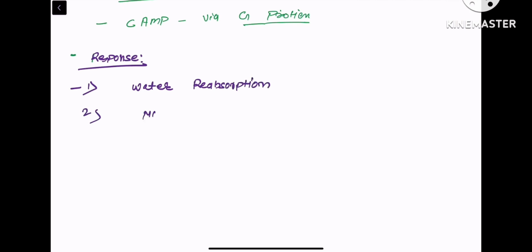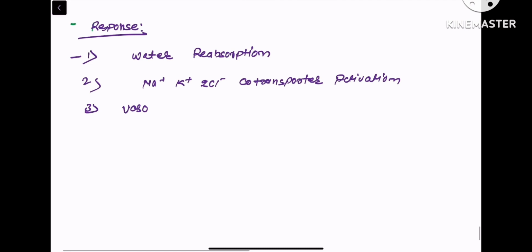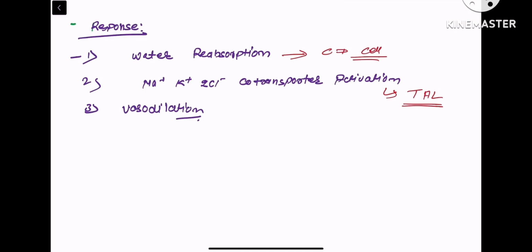Second will be sodium, potassium, chloride cotransporter activation. Then vasodilation. Water retention acts on the collecting duct cells, and the cotransporter acts on the thick ascending limb of Henle.